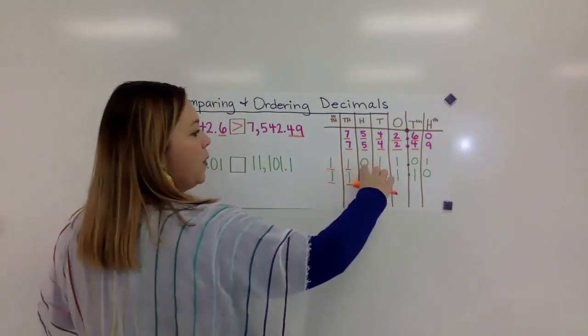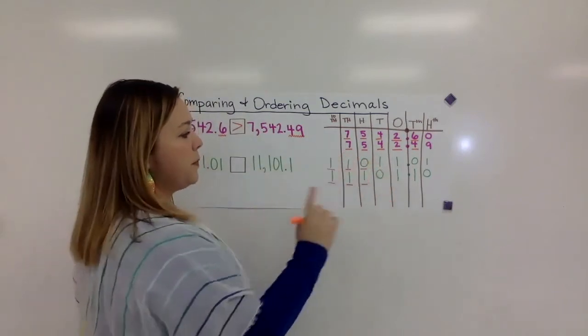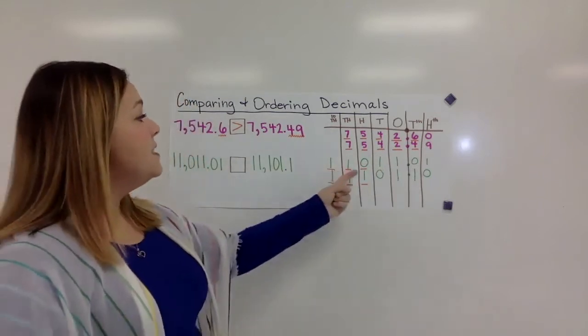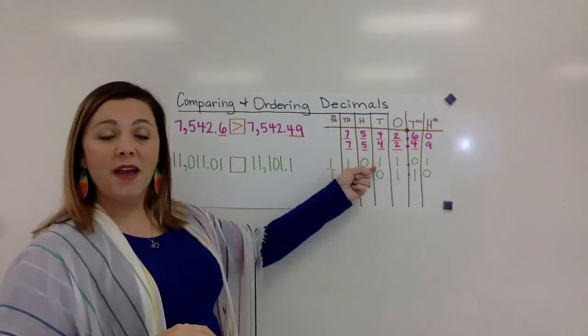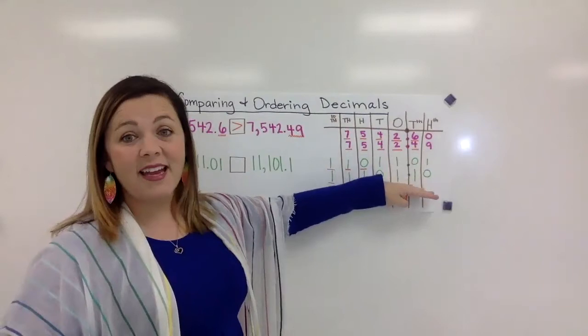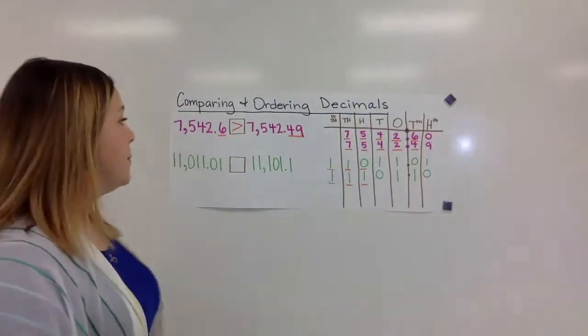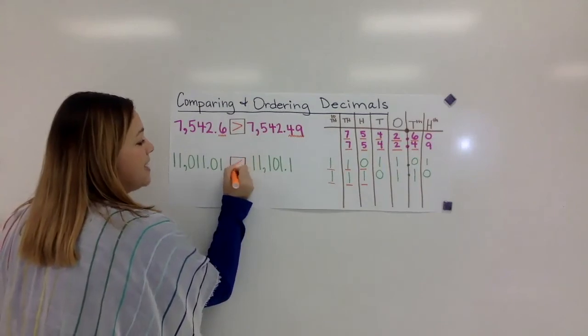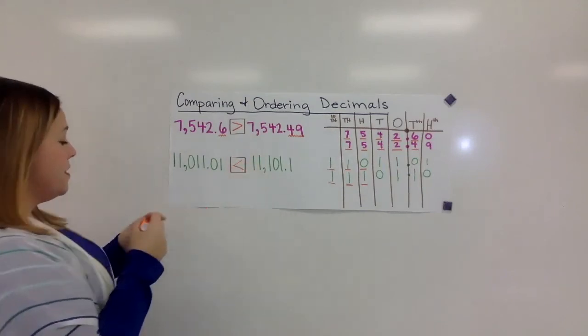There is a 0 in the hundreds place in my first number. There is a 1 in the hundreds place in my second number. Since my first number has a 0 there, it means that the entire value of this number is less than the entire value of this number. So I'm going to come over here and I'm going to put a less than symbol there.